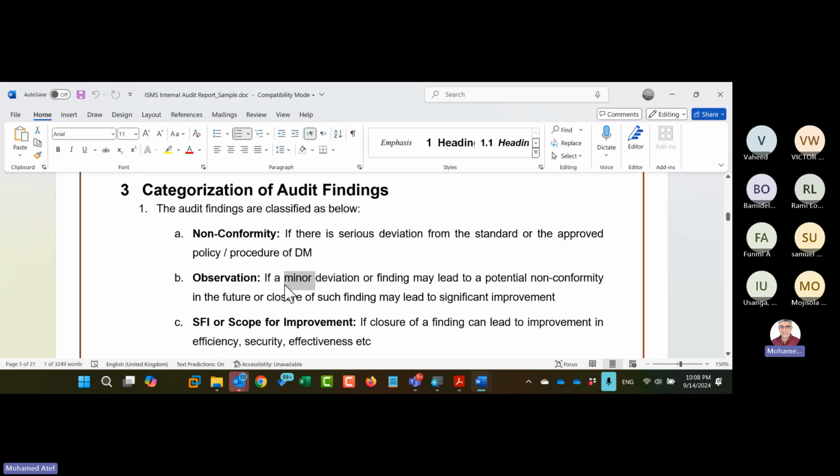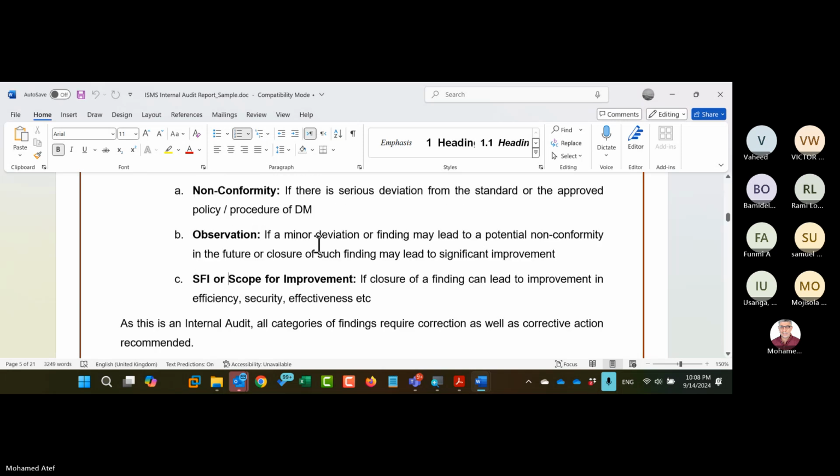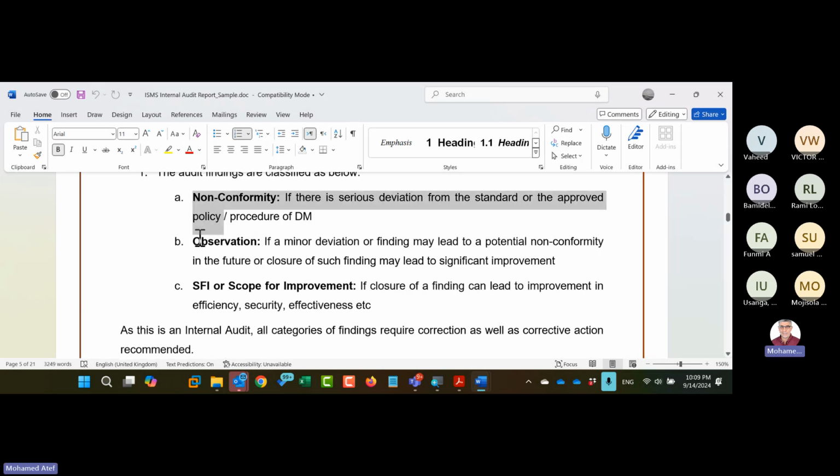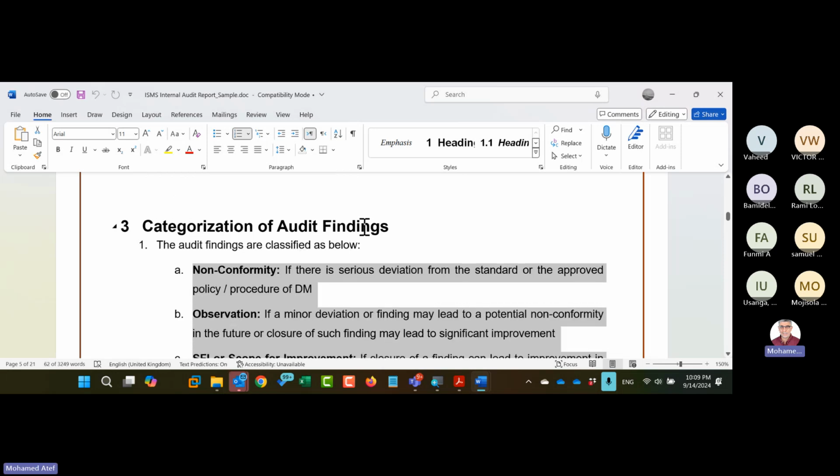And then we have the scope of improvement, which is an area for improvement, from the name. It's something optional, but sometimes the auditor may highlight that this may improve the security of the organization. So those are the three major kinds of finding in any audit.